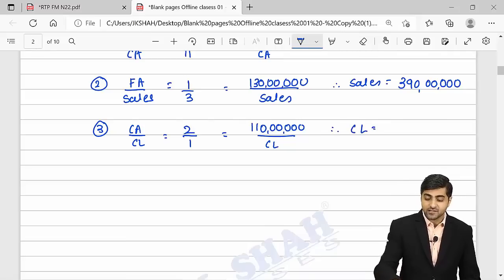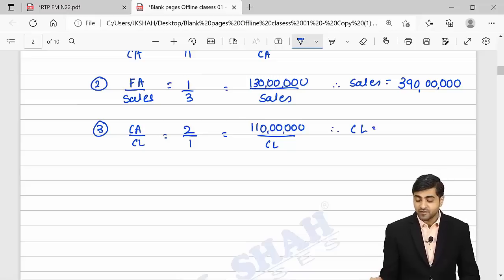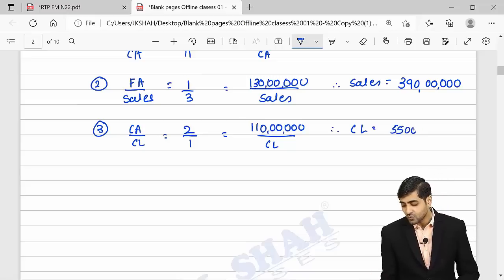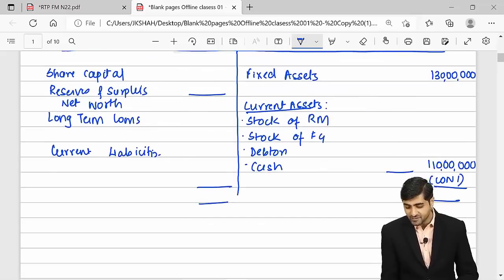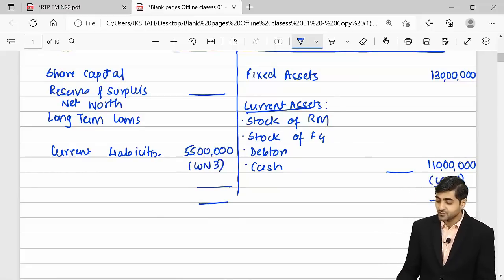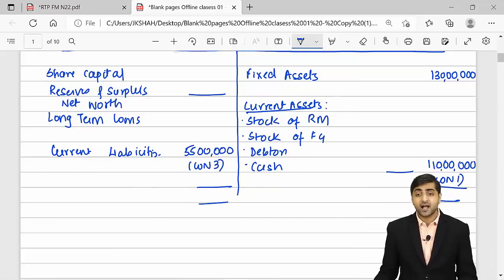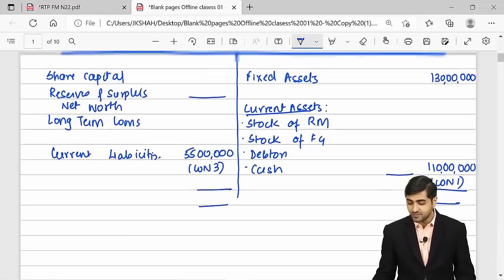Therefore, your current liabilities is going to be 55 lakhs, which we can substitute here on your liability side, 55 lakhs. And this will be your working note number 3. Now obviously guys, I have the total of the assets available.